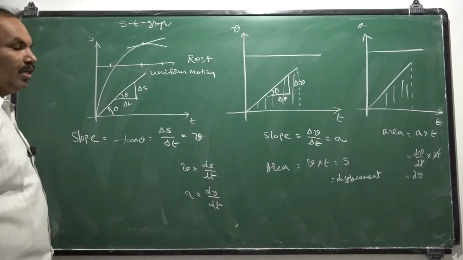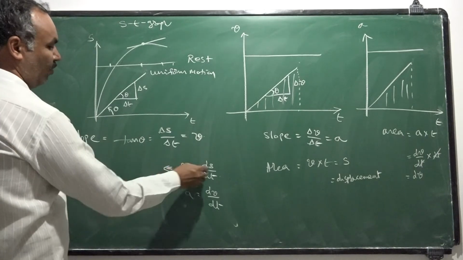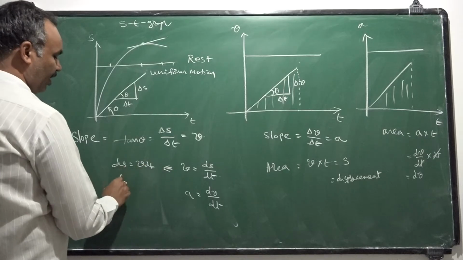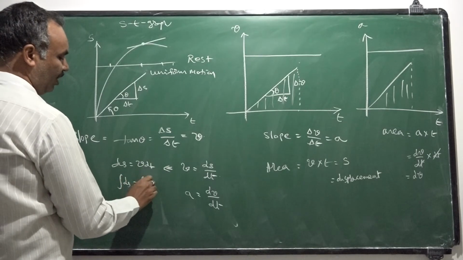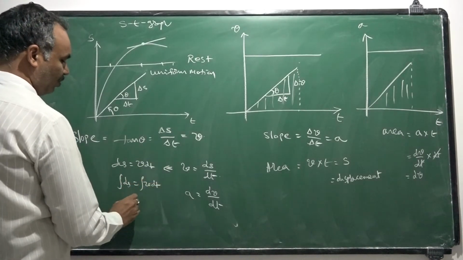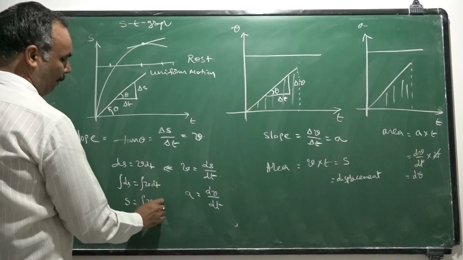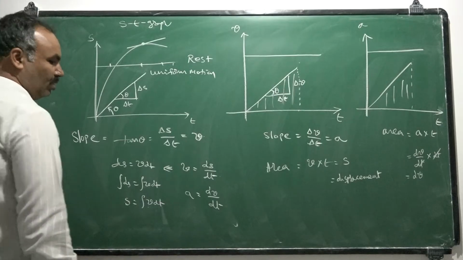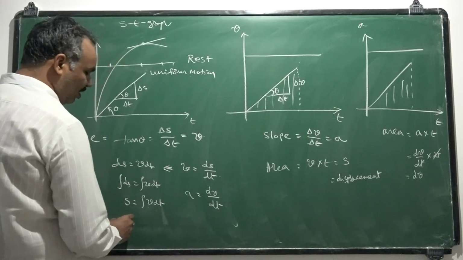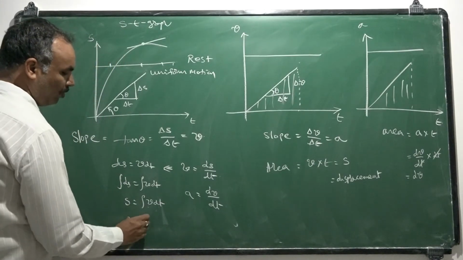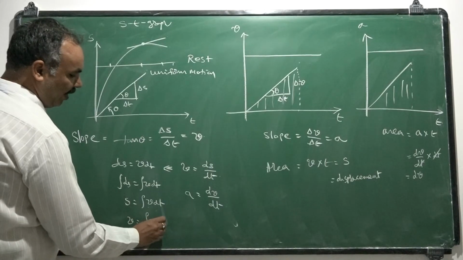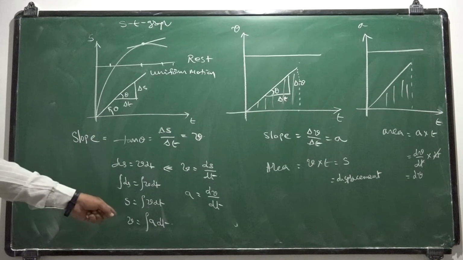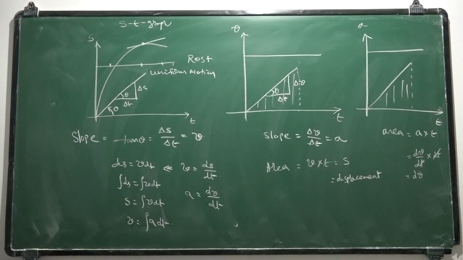And in reverse, if you bring this dt this side, ds is equal to v dt, integral ds is equal to integral v dt, s is equal to integral v dt. So by integrating velocity, you will get displacement. Similarly, whenever you want velocity, you should integrate a dt, acceleration with respect to time. If you do integration, you will get velocity.